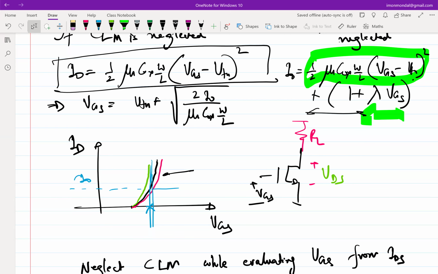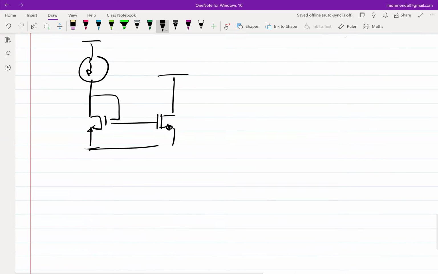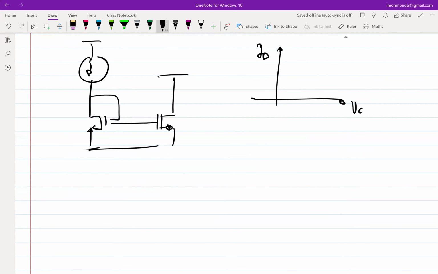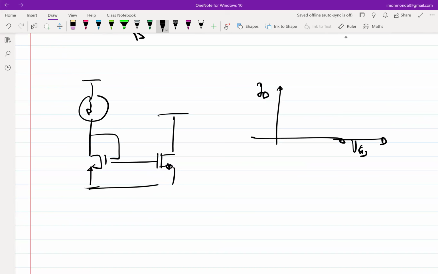Right? So had this curve been like going like, let's say in another kind of device, an ID versus VGS characteristic would have looked like this. So the better way to draw this is probably like this.